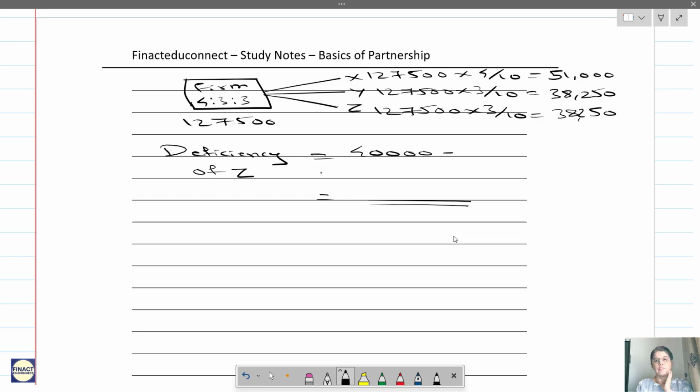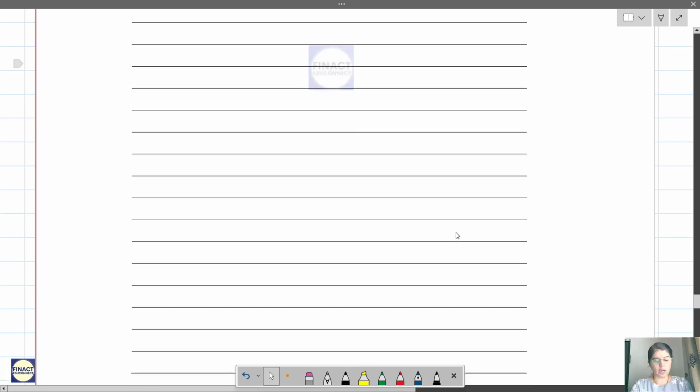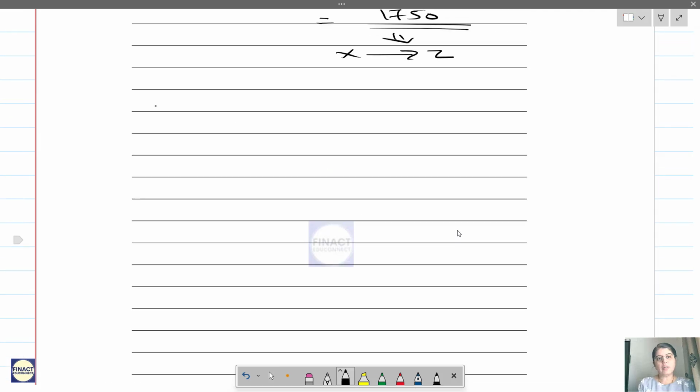Now what is the deficiency of Z? 40,000 minus 38,250. Correct? So that comes to 1,750. Now this 1,750 has to be given by X to Z. So now let us prepare the profit and loss appropriation account. We will first do it with method 1 and then we will do it with method 2.